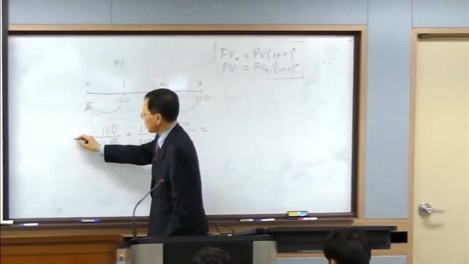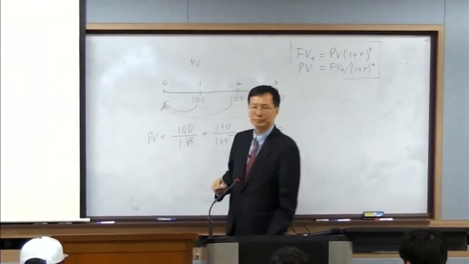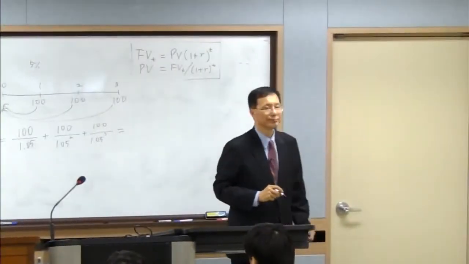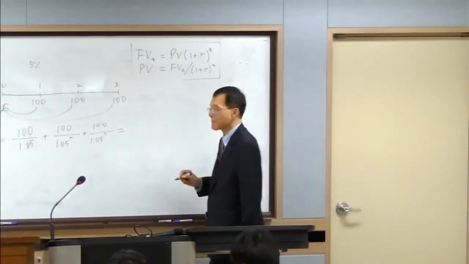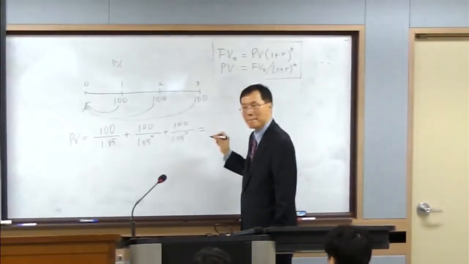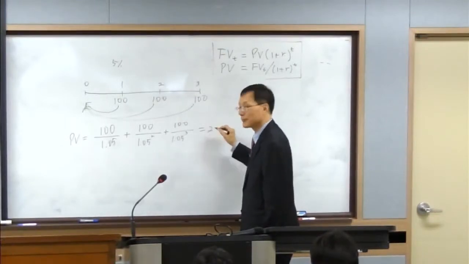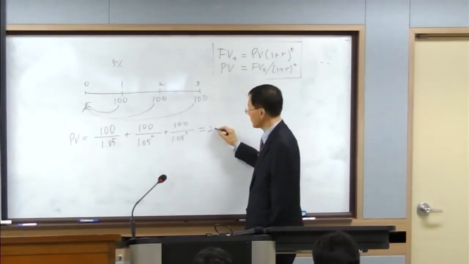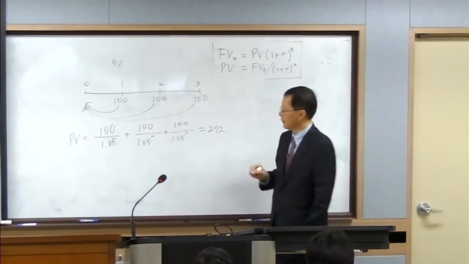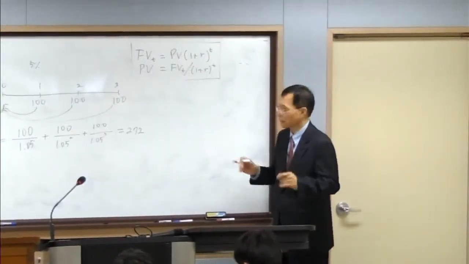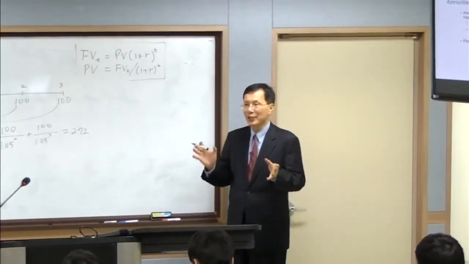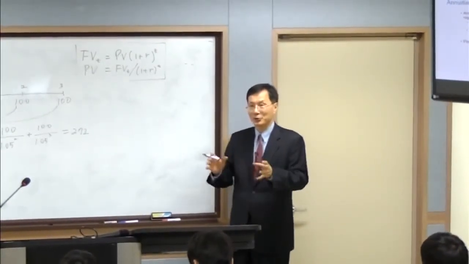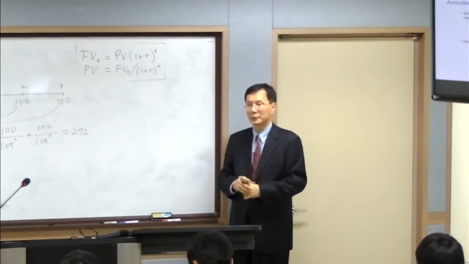This is the present value of this lottery income. $272. Okay, that's reasonable enough. 272. It's not 300. It's smaller than 300 because of the time value of money.